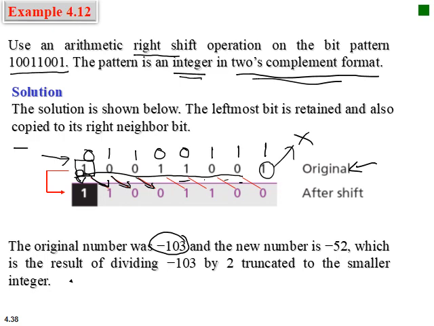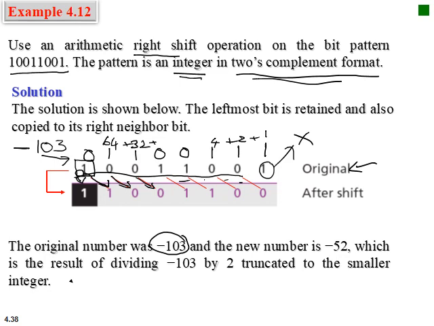So we know already that value is going to be 1, 2, 4, 16, 32, 64. So 64 plus 32 plus 4 plus 2 plus 1 actually gives us 103. And remember, it was a negative because the first value was a 1. All right, so the original number was indeed stored in 2's complement format, and it was minus 103.